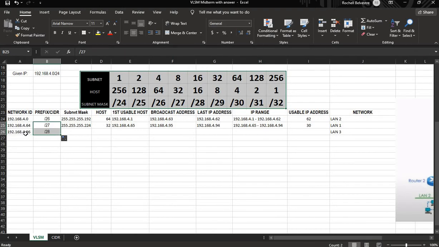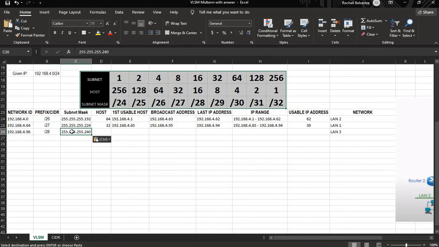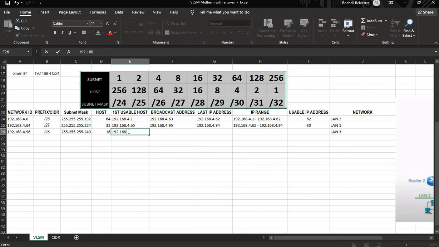So for 192.168.4.96, the equivalent prefix or CIDR is /28, and based on our table we need to use 255.255.255.240. We have /28, which has 16 hosts. The first usable IP address, since this is 96, we're going to use 97.